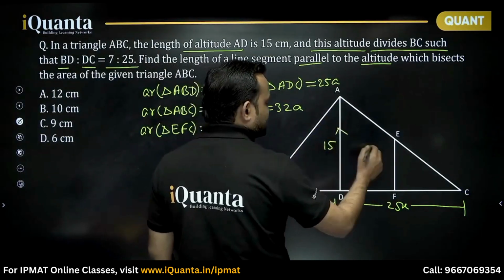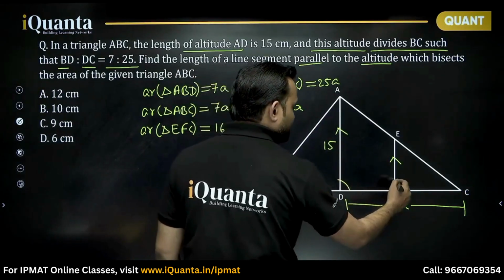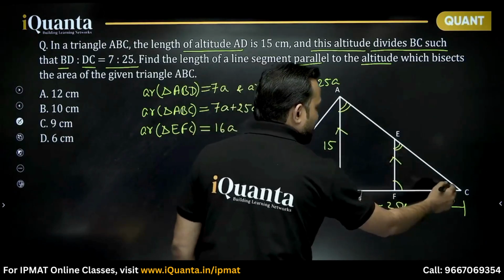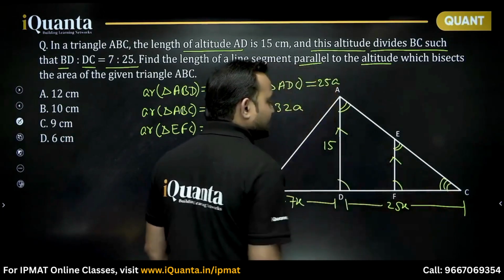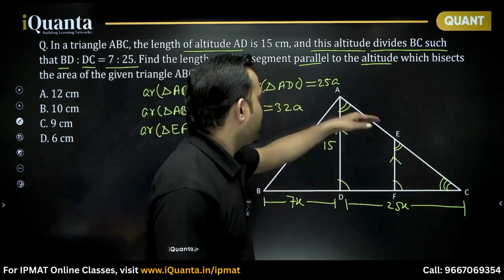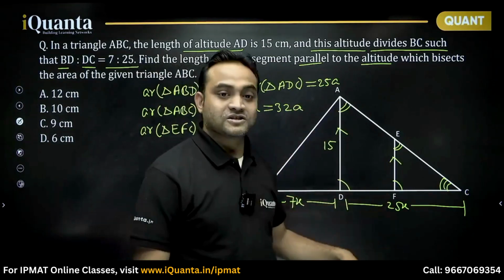So these two lines are parallel. If these two lines are parallel, can we say this angle will be equal to this angle? This angle will be equal to this angle, and angle C is already common in triangle EFC and triangle ACD, right? These two triangles will be similar.